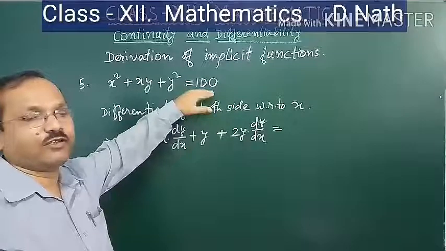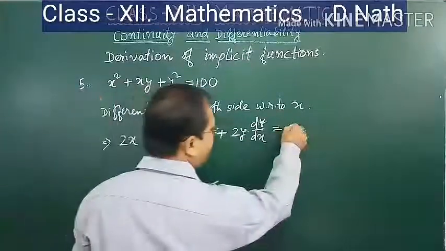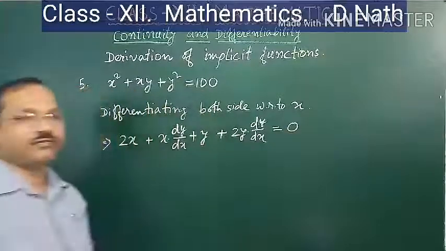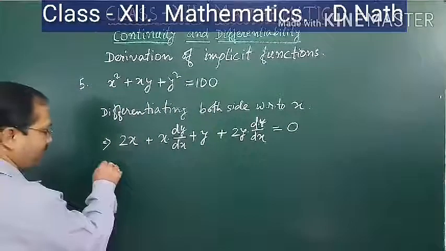Differentiation of a constant term is 0, so ddx of 100 is 0. Okay? Now we have to find dy dx.